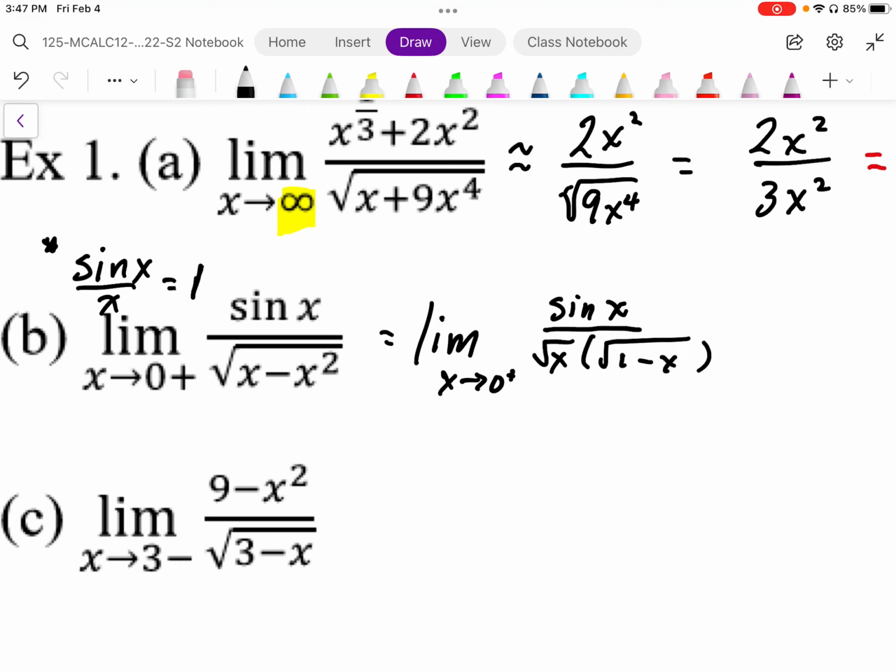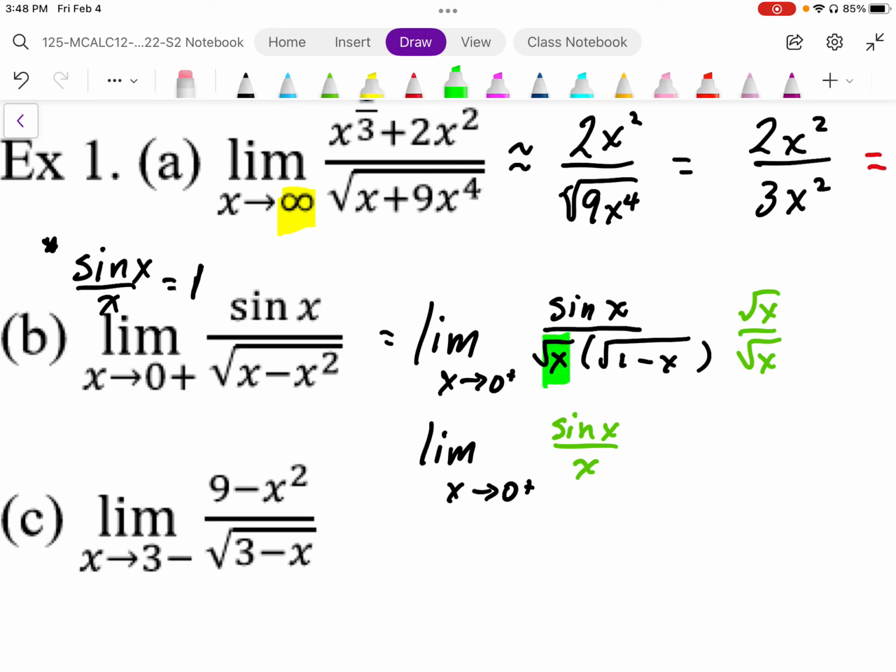Now I want to generate my sine x over x. So I'm going to multiply the top and bottom by root x, and by doing so, I'm going to end up with a limit that looks like this. Limit as x approaches 0 from the positive side of sine x over x.